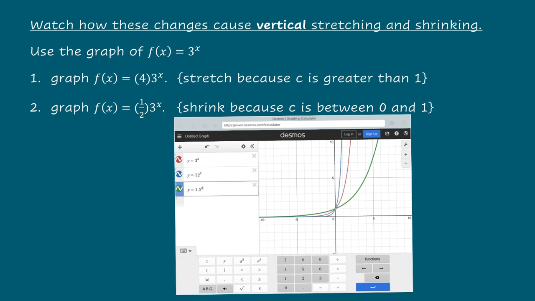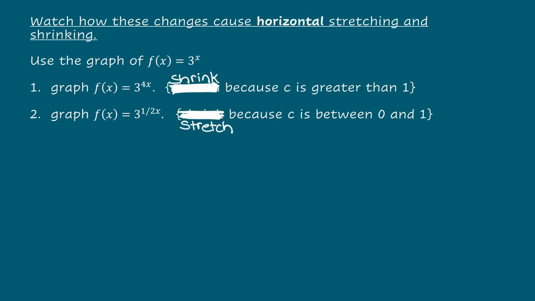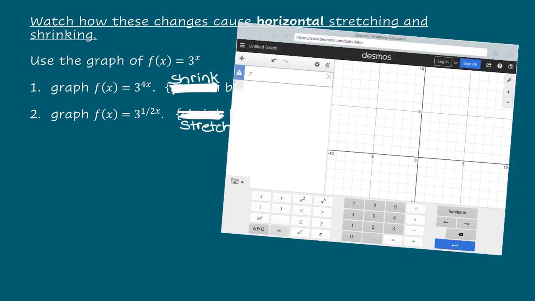All right, so let's take a look at a horizontal stretch and shrink. So I had to edit mine a little bit because I had copied and pasted and I had my stretch and shrink backwards there. So let me go ahead and add Desmos in. So the first one I'll plot is y equals 3 to the x. And then I'm going to put in y equals 3 raised to the 4x.